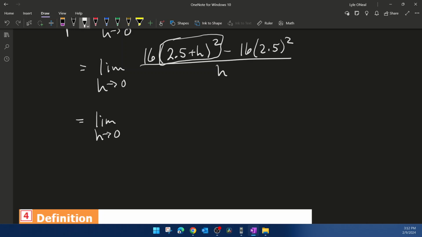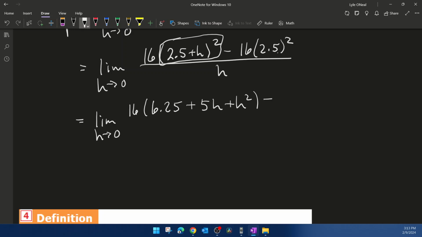This squared means we're going to have to FOIL that. So 2.5 times 2.5 is 6.25. On the outside, we'll have a 2.5h, on the inside another 2.5h, together making 5h plus h squared. That's doing the FOIL mentally, quickly.